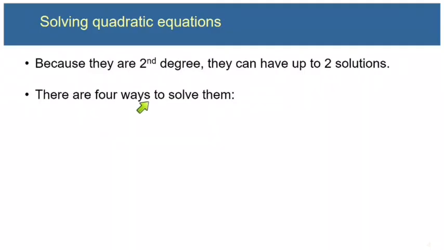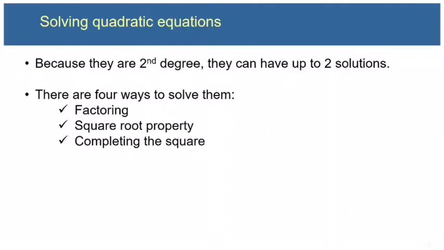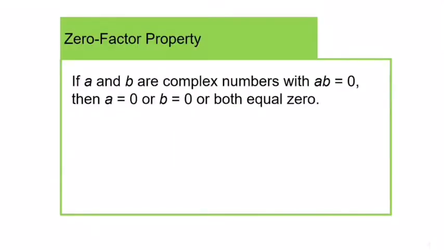There are 4 ways to solve quadratic equations: factoring, square root property, completing the square, and quadratic formula. We're going to look at all 4 methods, and I'll also show you how to know which method to use to get to the solution the easiest way. First, let's look at how to solve a quadratic equation by factoring.